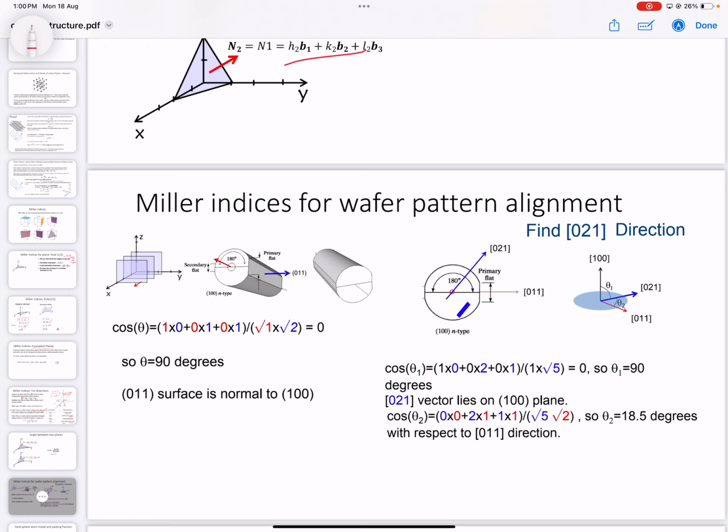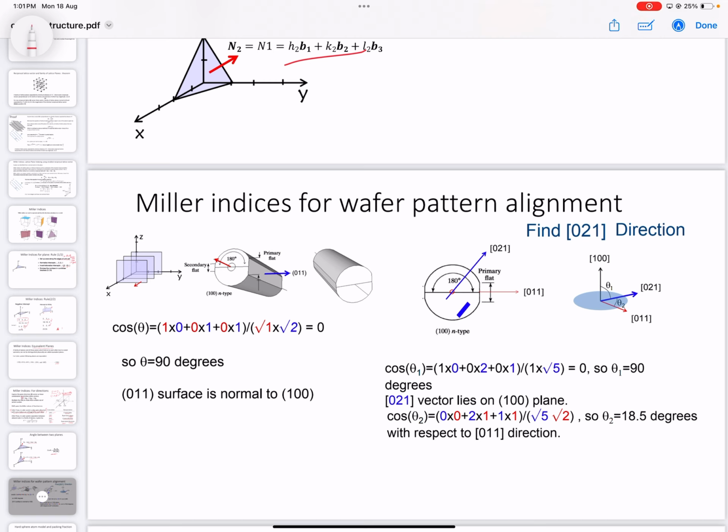Okay, now one of the applications where Miller indices are used is when you take a wafer. I guess you will be taking Professor Satinder's course, right? The semiconductor fabrication course in the next semester. There you are going to see wafers, right? Have you seen the wafers in the lab? Okay. So when you take a wafer, it is grown along a particular direction.